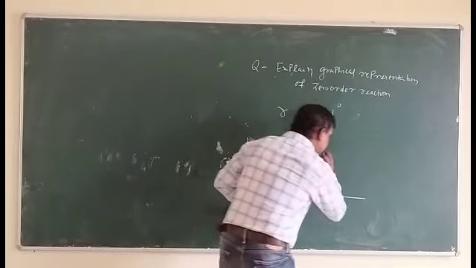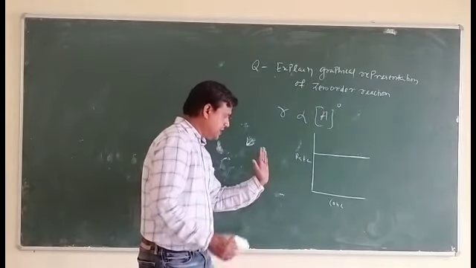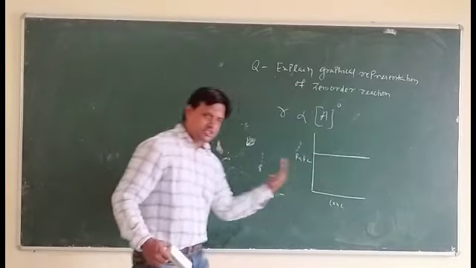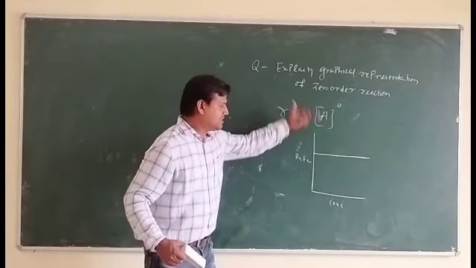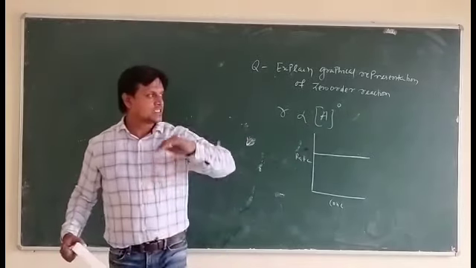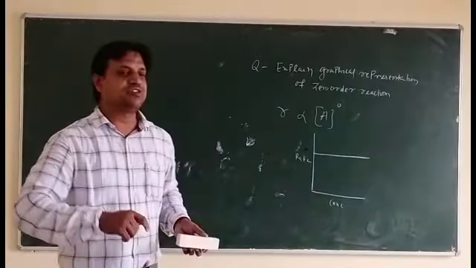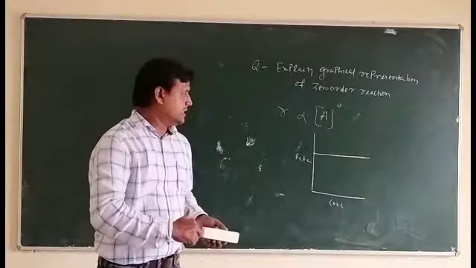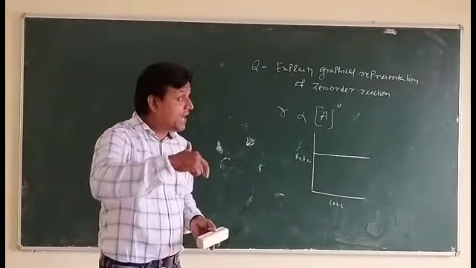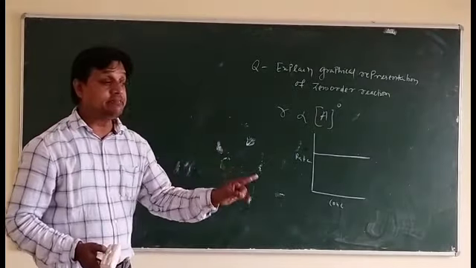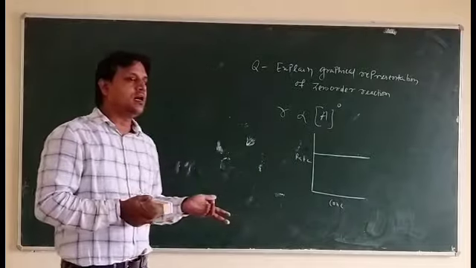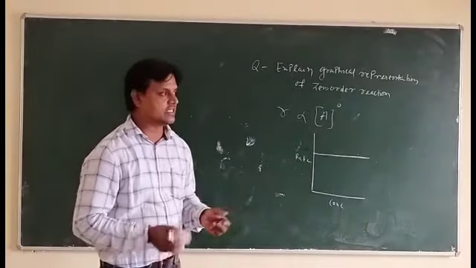That means rate remains same. Whether you increase or decrease the concentration, the rate remains the same. That means the line is parallel to the x-axis, the concentration axis, which shows that rate remains same whether concentration is increasing or decreasing.